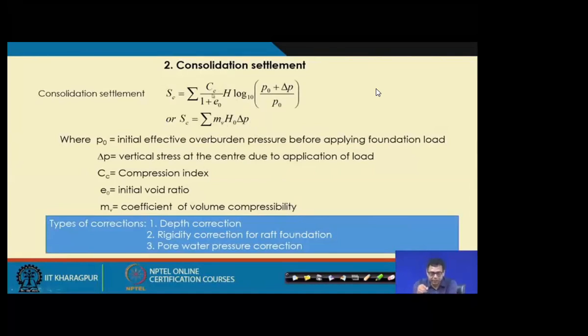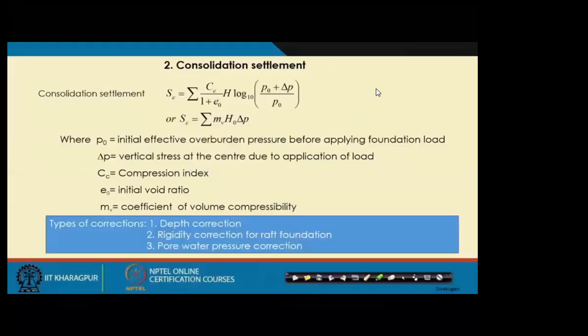If you have the compression index value, then you have to use the first equation. Remember that P0 is the initial effective overburden pressure before applying the foundation, and del P is the additional stress that is coming due to the foundation load, the load that is coming from the superstructure through the foundation to the soil.